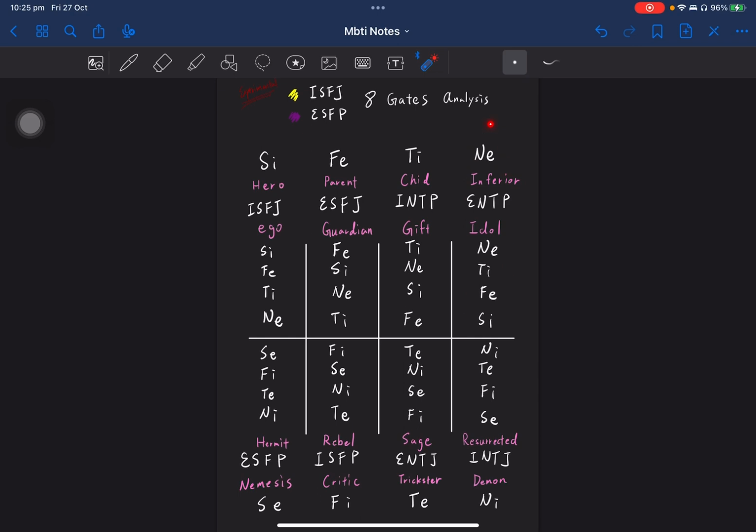Next we have this one, the gateway from the inferior into what C.S. Joseph called the subconscious, or animus in some other people's systems. And I call it the idol because he talked about when you are aspiring with your inferior function, right?